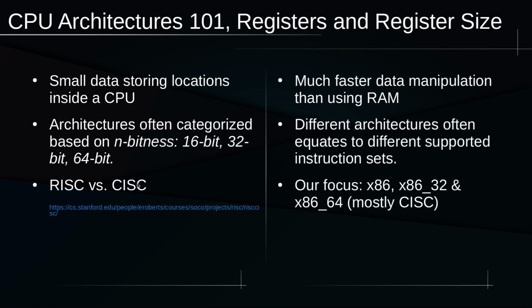So a reduced instruction set CPU will have fewer instructions, so the number of instructions that it supports is less than the number that a CISC CPU would support. And those instructions that it supports are more general, more abstract. This has some advantages and some disadvantages.